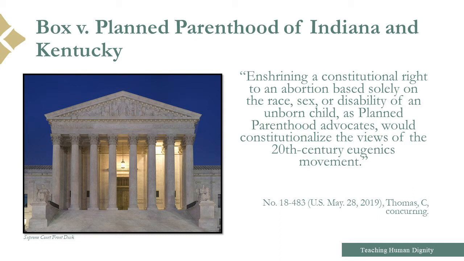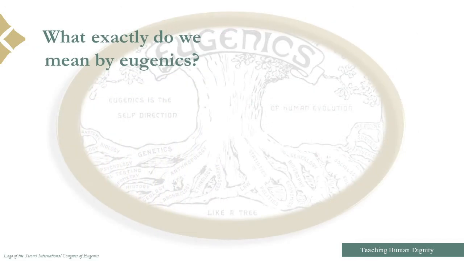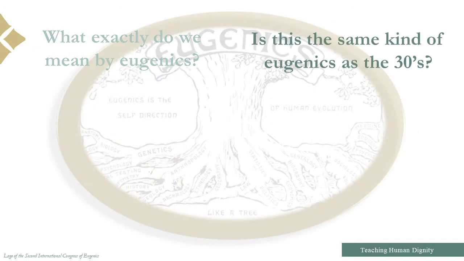He said, enshrining the constitutional right to an abortion based solely on the race, sex, or disability of an unborn child would constitutionalize the views of the 20th century eugenics movement. So this is huge. I mean, these opinions have really given us a forum in which we can talk about eugenics openly. What exactly do we mean, right? Is this the same kind of eugenics that was happening in the 30s?